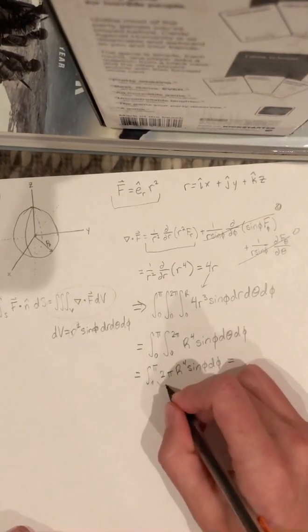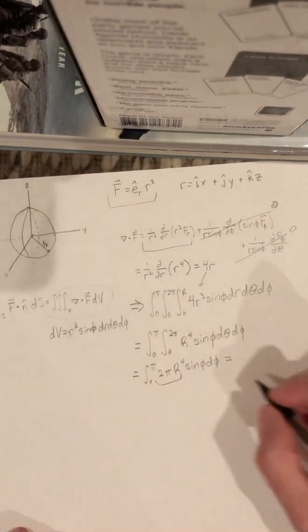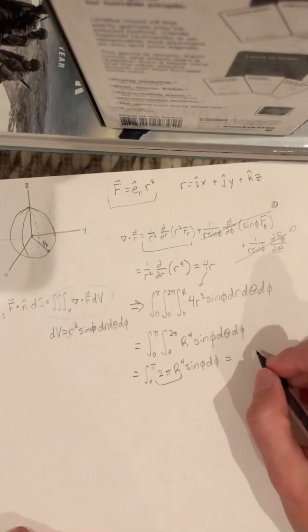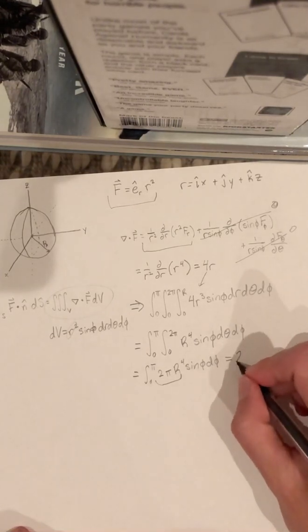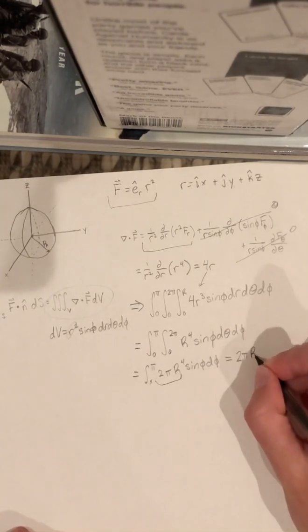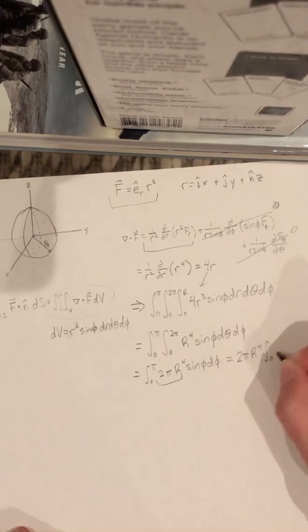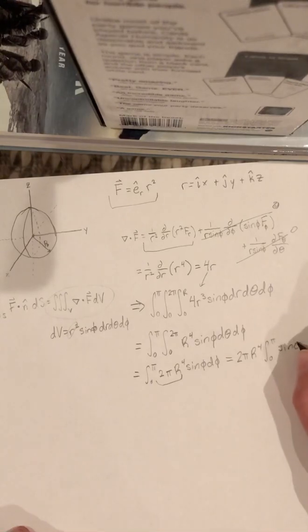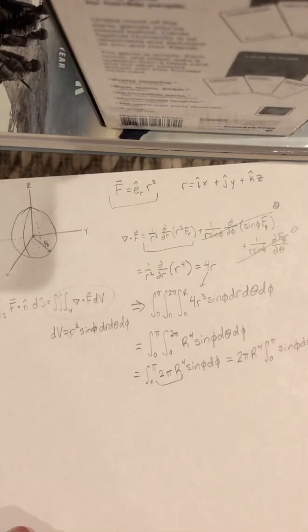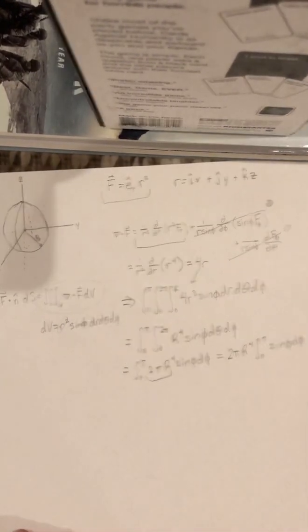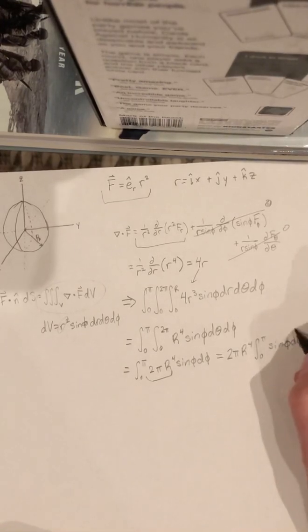We can pull out this whole thing because it's going to be constant relative to phi. And we can find 2 pi r to the 4th integral 0 to pi of sine phi d phi. So this bit is going to be a factor of 2.